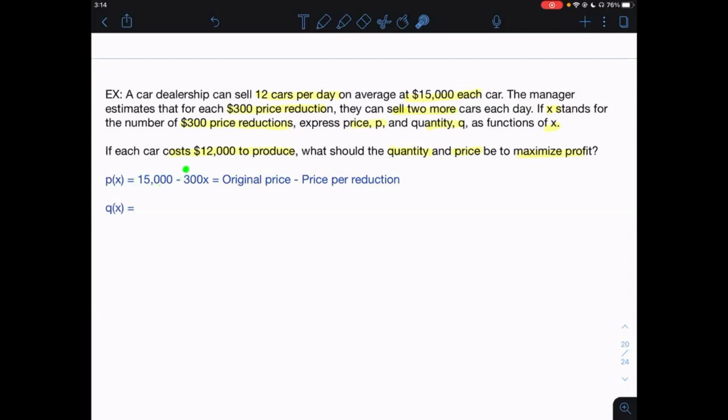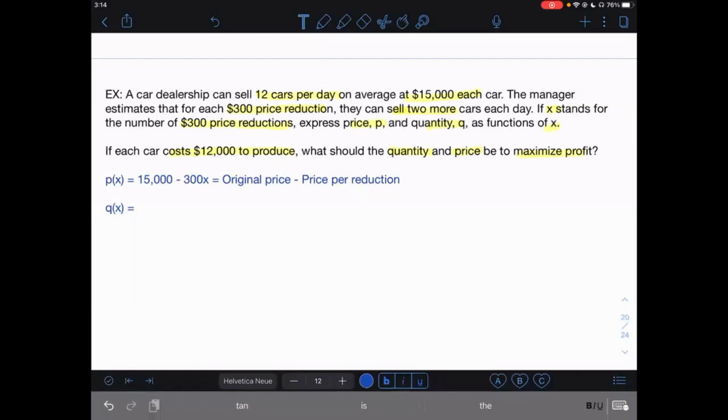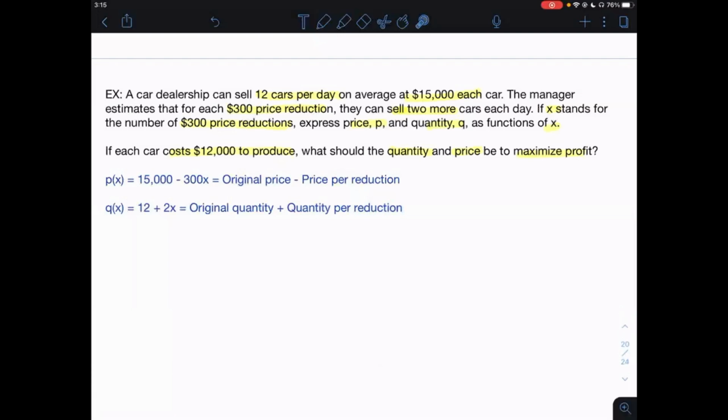So similar to what we have here, we're going to take our original amount, which is 12, plus 2 times X. In other words, the original quantity at the original price plus the quantity that we'll be able to sell per reduction. So 12 plus 2 times X.